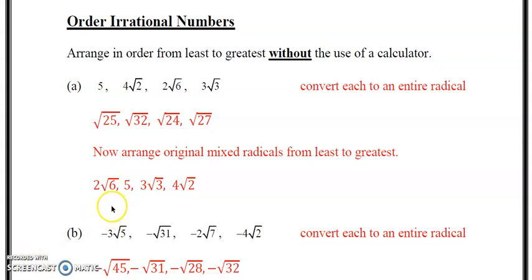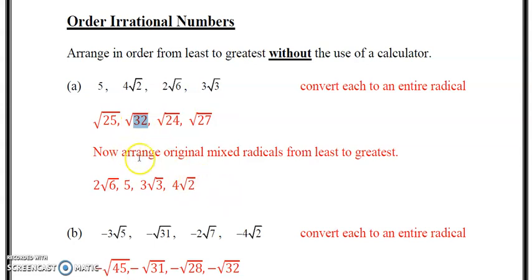Sorry about that. So I have the 6 fixed now. Next lowest number, the second one, would be the square root of 25, which is simply 5. The next would be the square root of 27, which is 3 square root of 3. And the largest number we have is the square root of 32, which is 4 root 2.